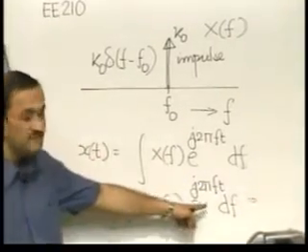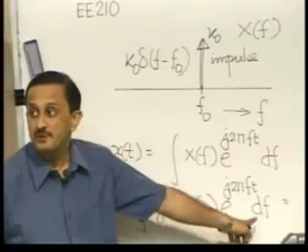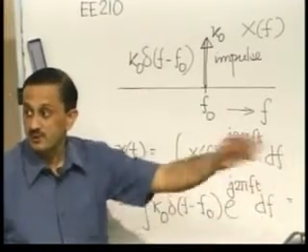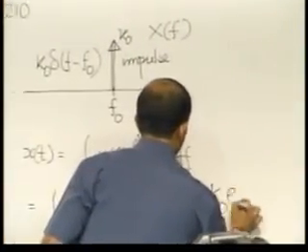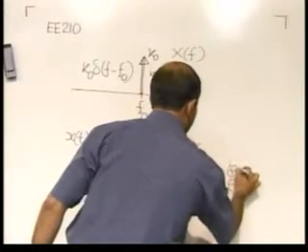It simply picks up the value of this at f equal to f0 and puts that out. So it gives you k0 e raised to the power j2 pi f0t.